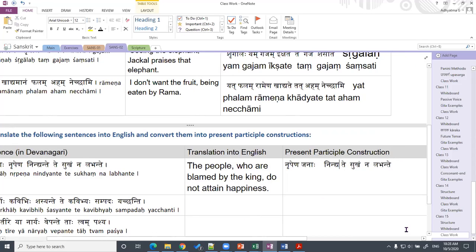So we will say nindyamanaha janaha. Generally the adjective comes before nindyamanaha janaha. Now because it's not a relative clause, we don't need to put ye and te. So it becomes nirupena nindyamanaha janaha sukham na labhante. Simple.